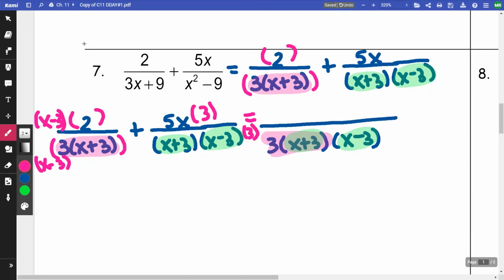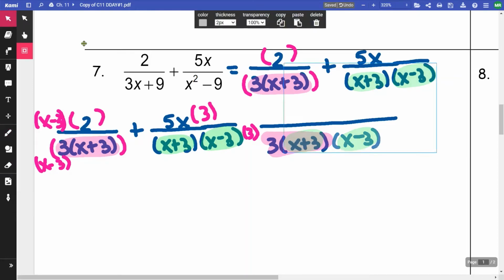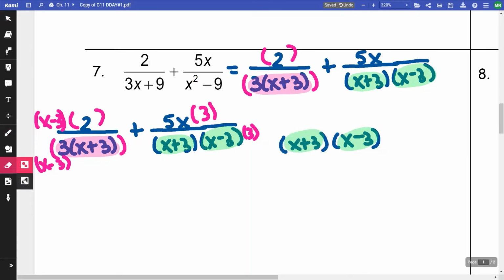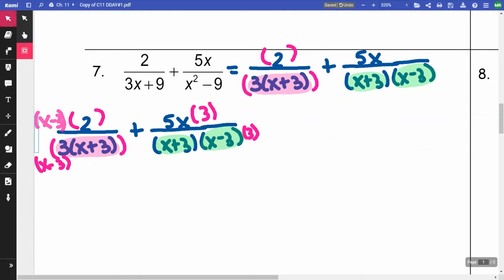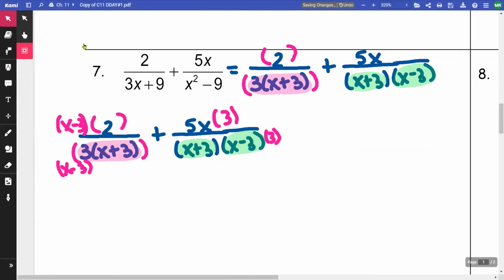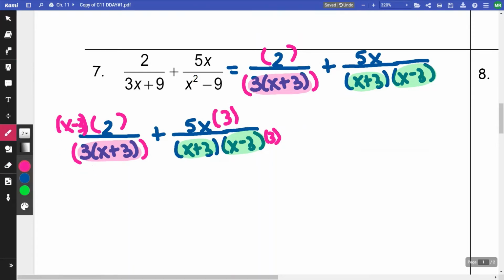So now what I'm going to end up getting, okay, let me just move this. Okay, so what I'm going to end up getting, just want to rewrite this so you can see that was where my x minus 3 was.